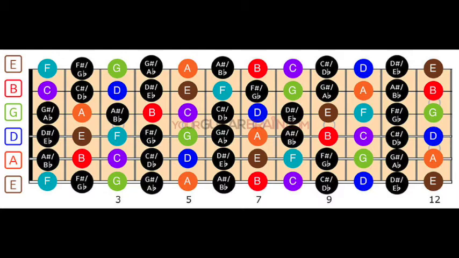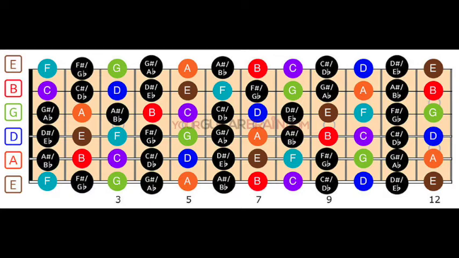The 6th degree was A minor, and the 7th degree is always diminished or half diminished. The 6th degree, just to clarify, is always minor. So what does that really mean? Focus on that C note, and we're going to use the whole step method to find and locate the other notes. And you're going to see that they correspond with the chords that you learned in the harmonized chord chart.